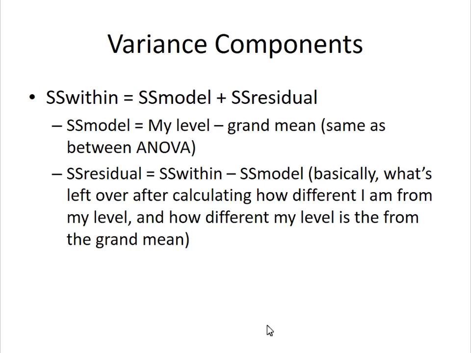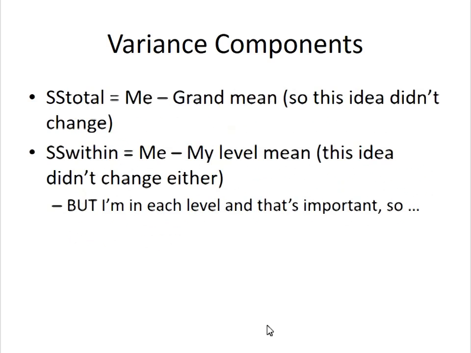Model is my level minus the grand mean. That's the same as between subjects ANOVA. And residual is everything left. Residual used to be mean minus my level mean, but that's here, so we can't use it again. It's hard to draw repeated measures. So we've taken our huge vat of cookies.